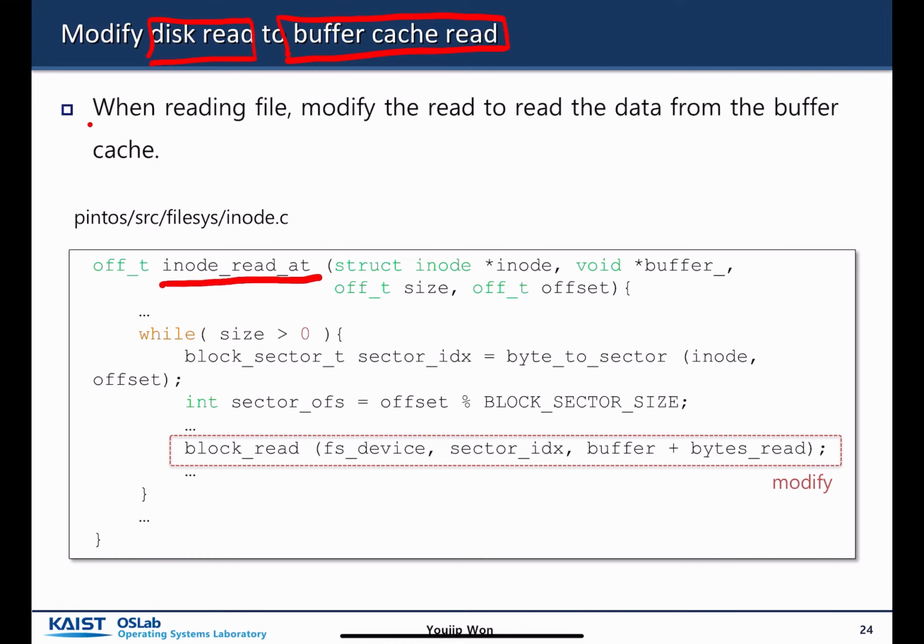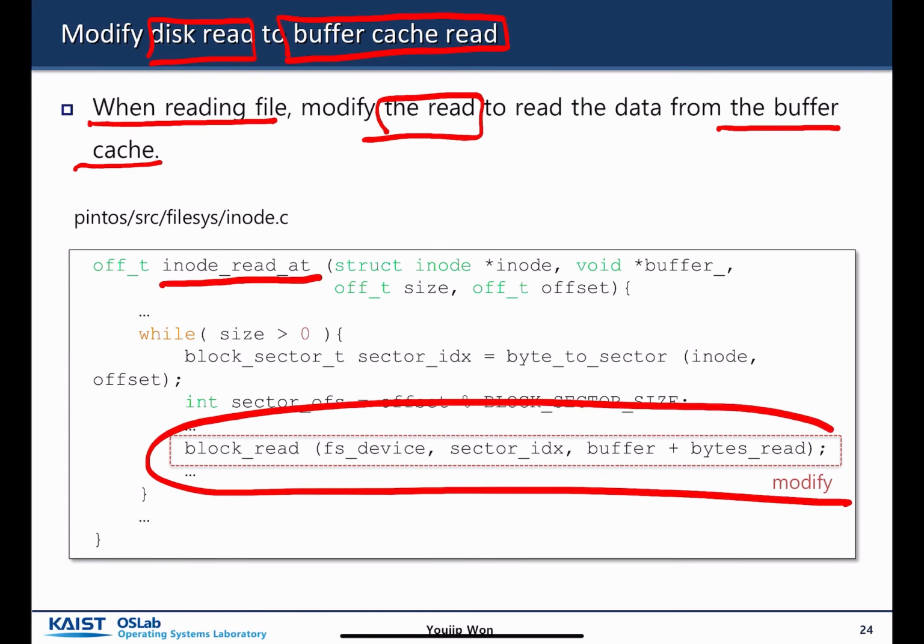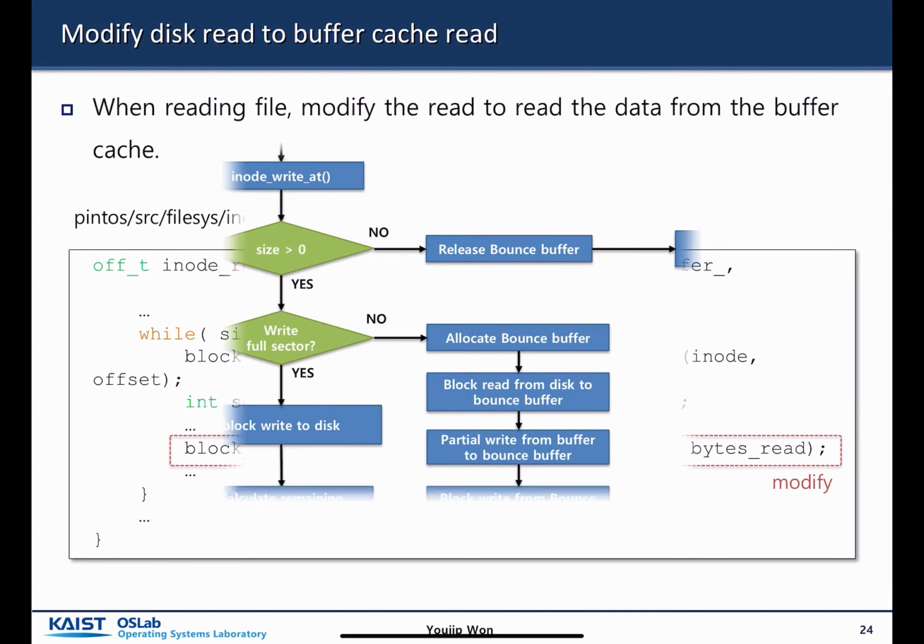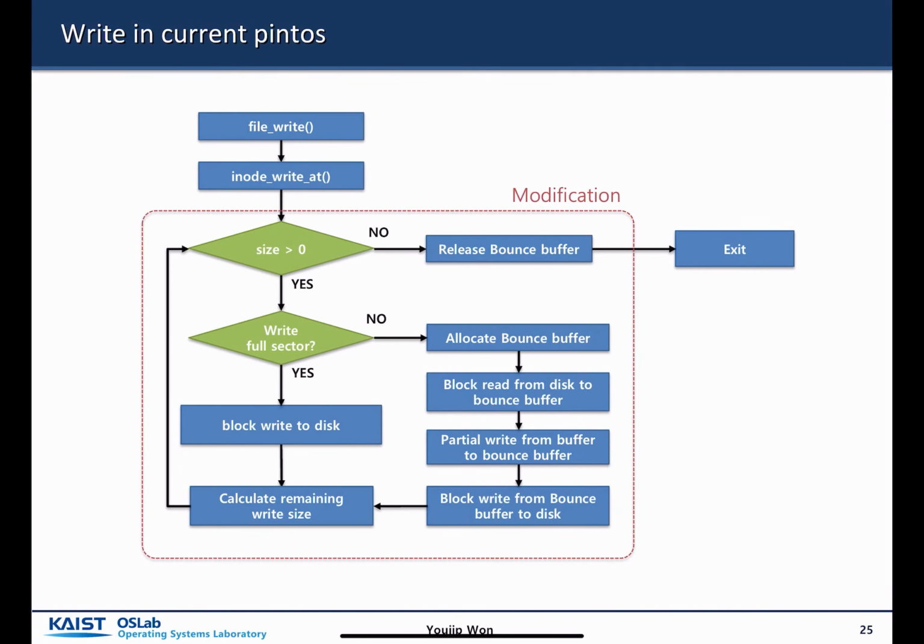When reading a file, we modify the read to read the data from the buffer cache, not from the disk. So you have to modify this part right here. This is the loop. The write has to be changed in a similar fashion.